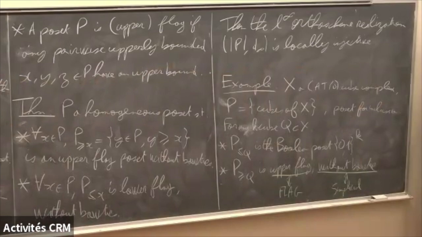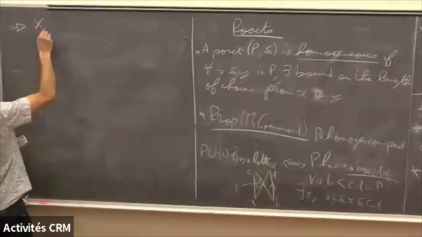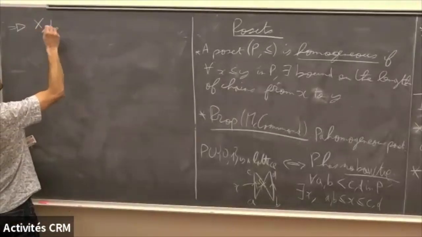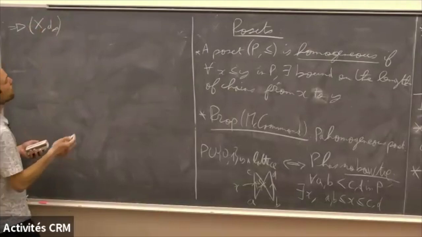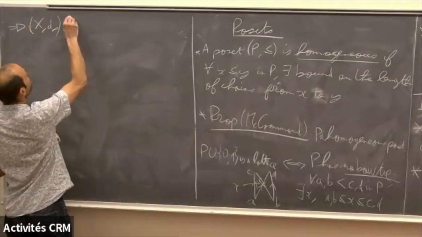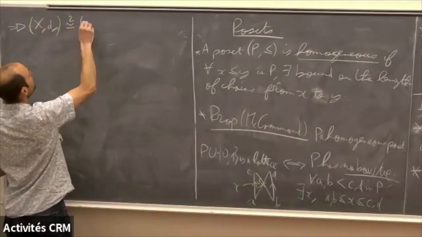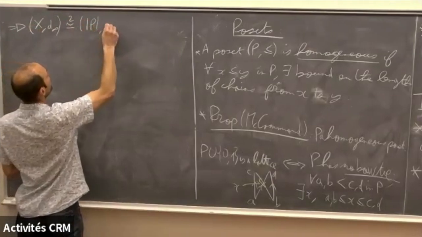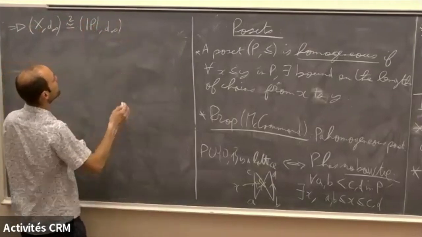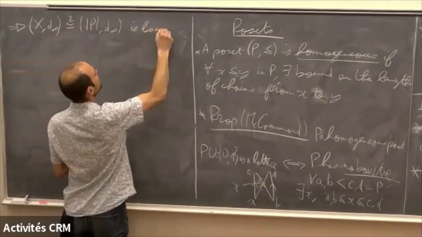And so, in particular, this result tells you that the L infinity metric on a CAT(0) cube complex, well, up to a factor 2, is isometric to the geometric realization of the poset of all cubes. It is locally injective.